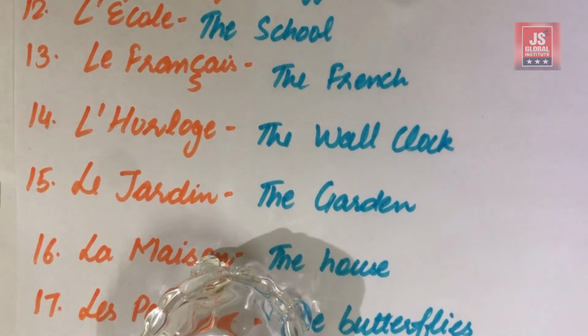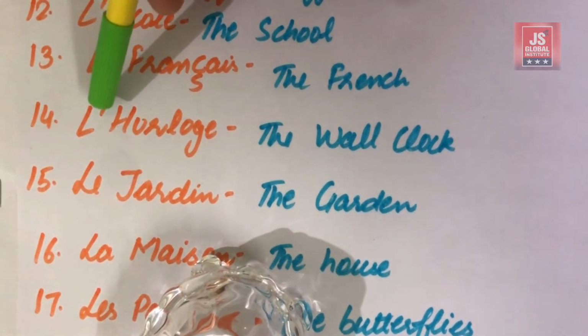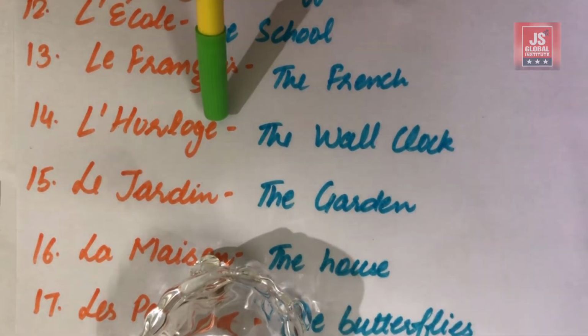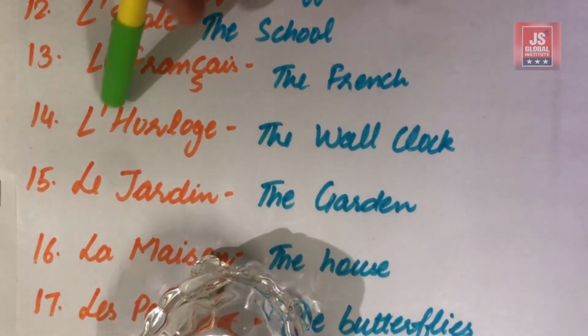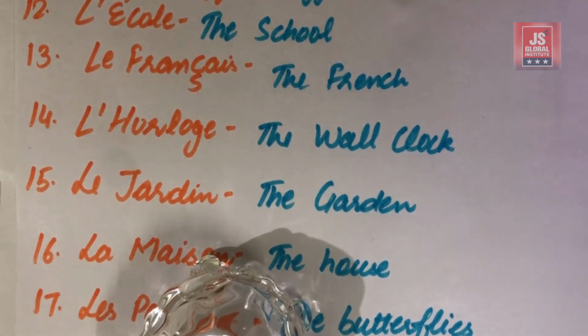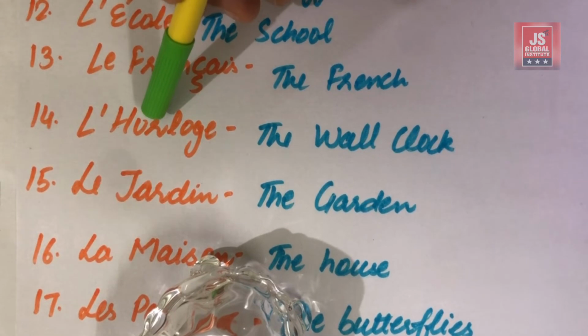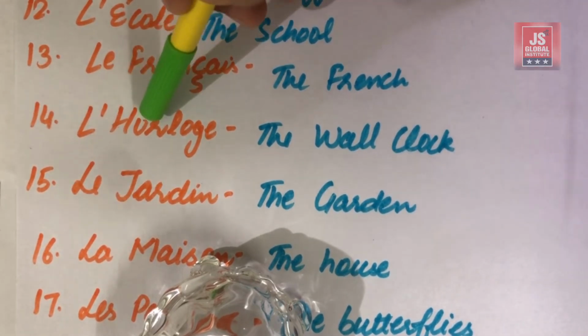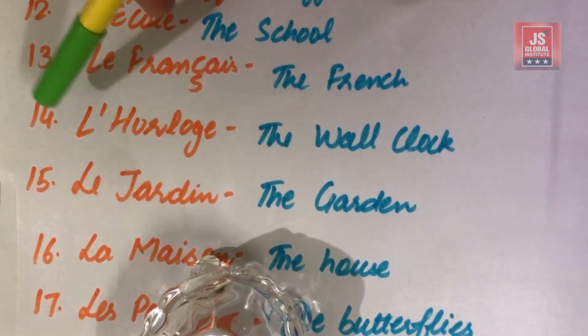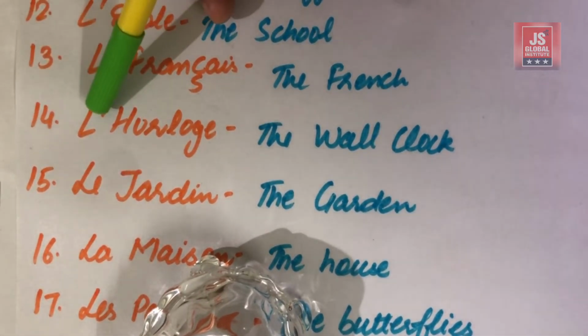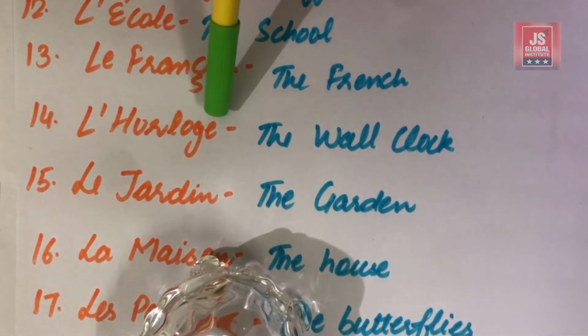Next is l'horloge. What is this? In French, one thing to be noticed is that H is usually not pronounced, and the next alphabet along with the H is pronounced. So here what would be this pronunciation? The answer would be l'horloge.